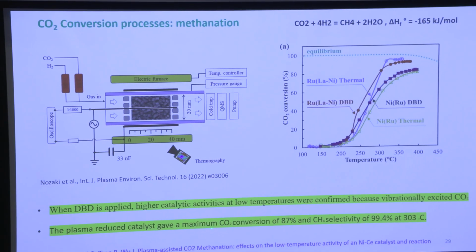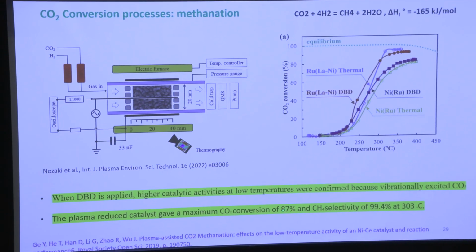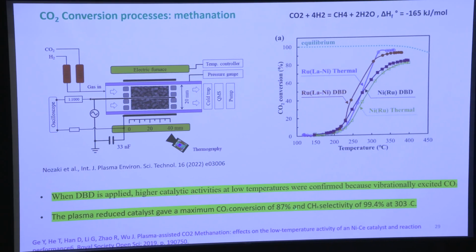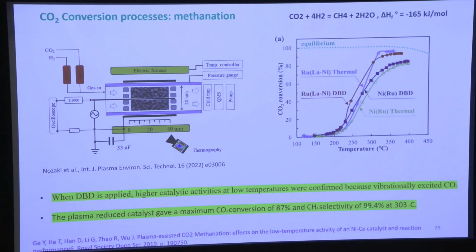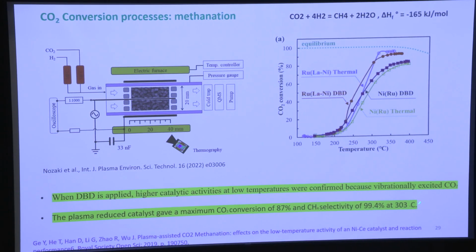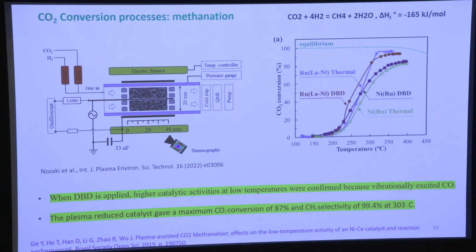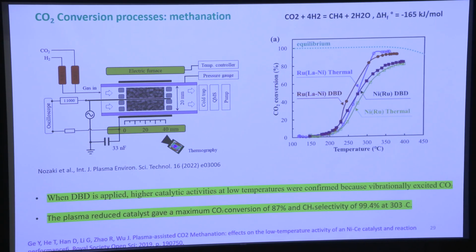And the plasma gives a maximum CO2 conversion of 87%, and methane selectivity is passing 99% at 300 C. So this is very encouraging. Everybody says CO2 plasma is not selective because the electron energy is broad.